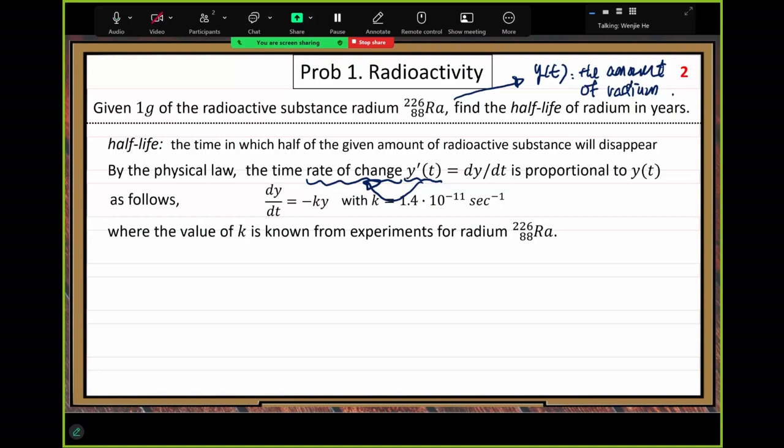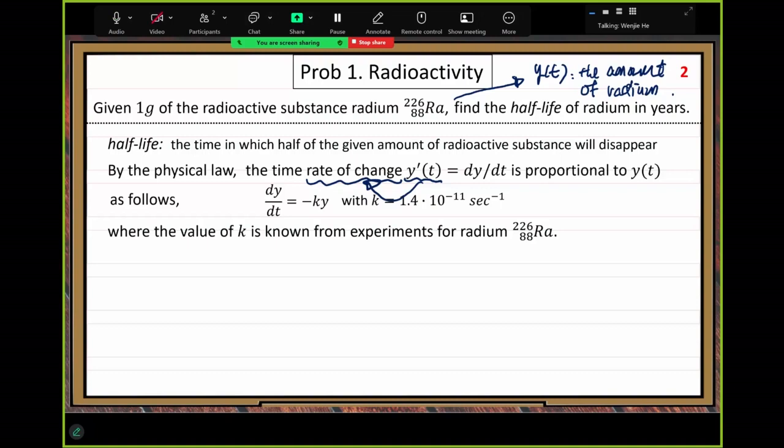For a different radioactive substance, you use a different constant K. And for the radium here, we are using a specific isotope of radium. Radium has several isotopes, so in this class we will use 2 different isotopes.